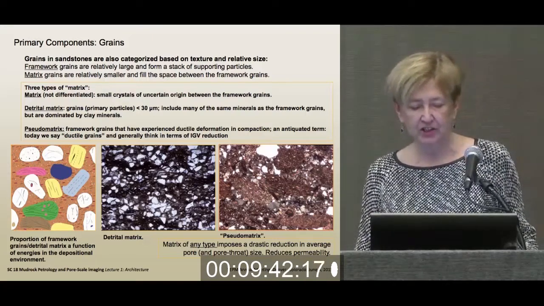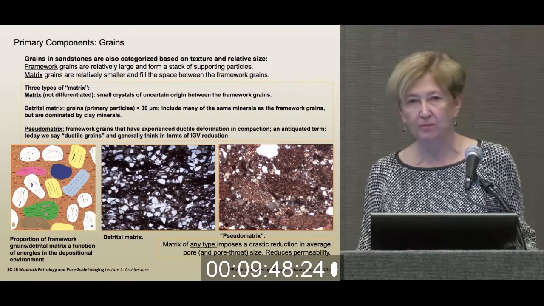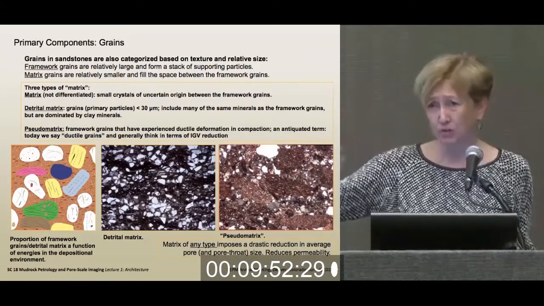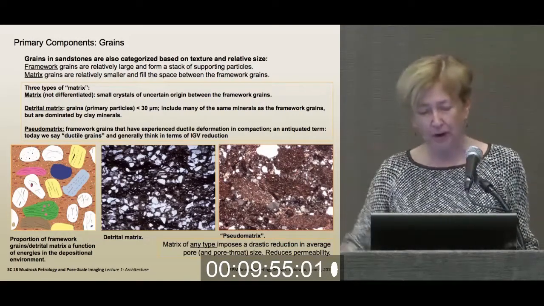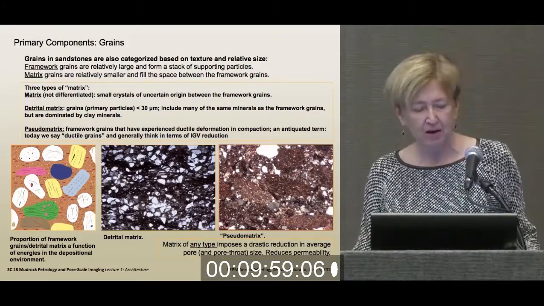Even within that definition, there are some variations, and we can talk about detrital matrix, and those are just tiny little grains that could move around in the sedimentary environment and be deposited.